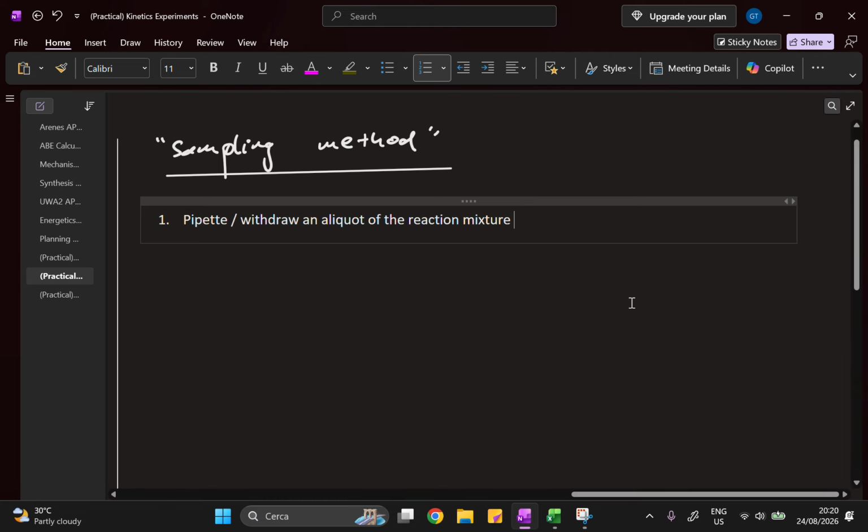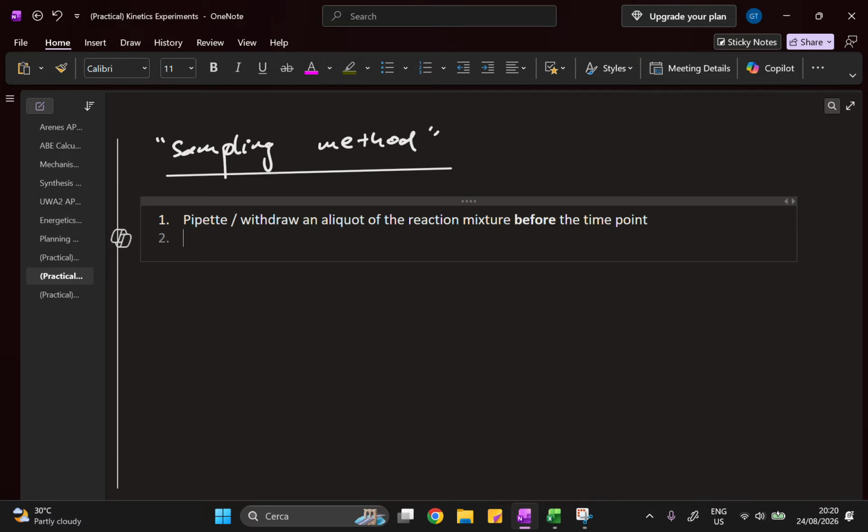So can you please make sure when you are doing planning and also when you're doing your practical, in case you were careless and never read the instructions, please do a sanity check. Make sure that when you're doing a sampling experiment, you need to withdraw an aliquot before the planned time point. And then you quench with whatever thing is in large excess at the time point.